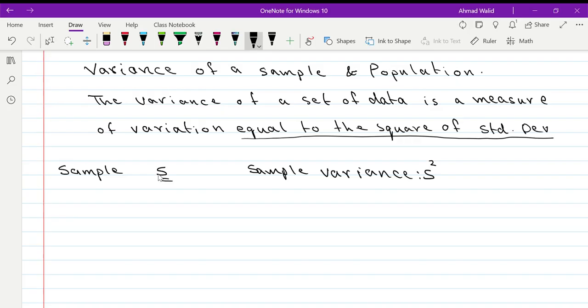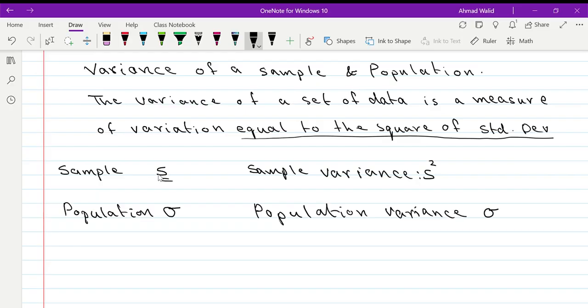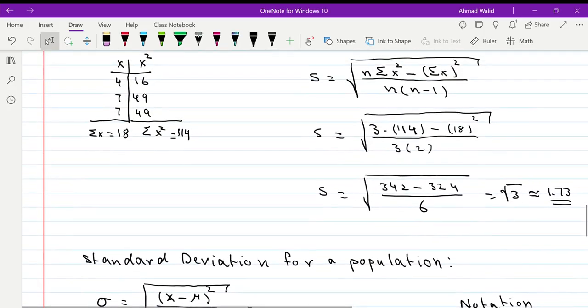And for population, lowercase sigma was your standard deviation. Now, population variance will be sigma squared.